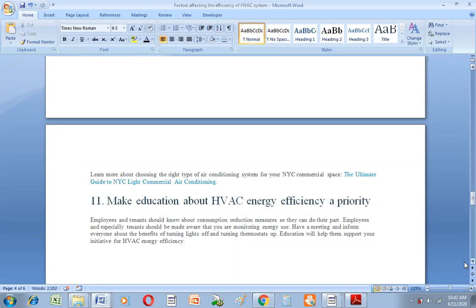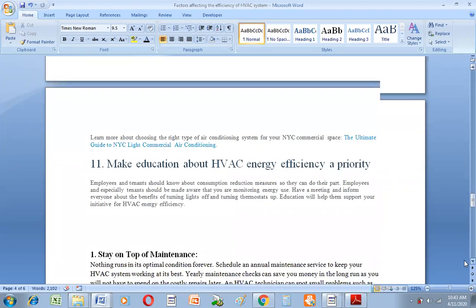Instead of switching off the HVAC plant at 11 o'clock, we can switch it off 1 hour earlier than the closure time of the mall so that we can save the electricity. For that, we have to educate the people.